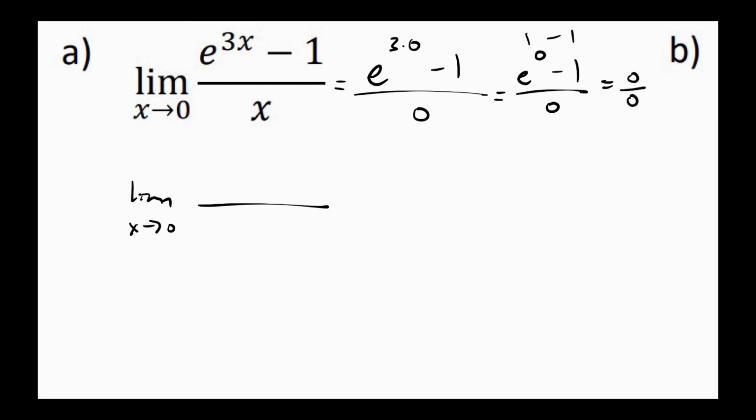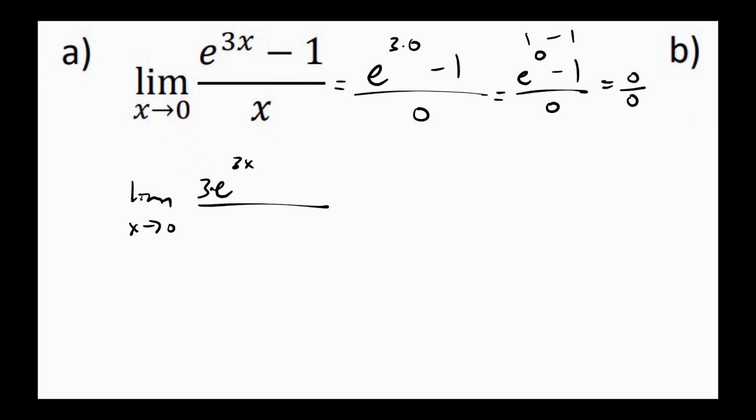E to the 3x. So how do I find derivatives of E things? Remind me. Is it the derivative of the exponent and then just the normal? Exactly. First thing it does is it always repeats itself. And then exactly like Sebastian said, you take the derivative of the exponent function, which is just 3.